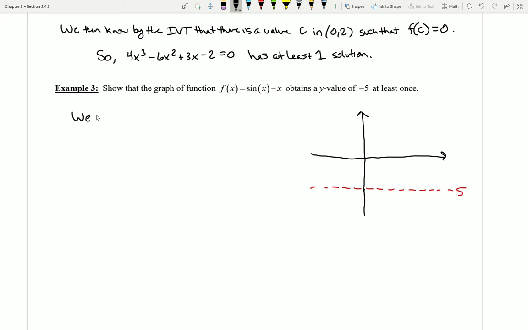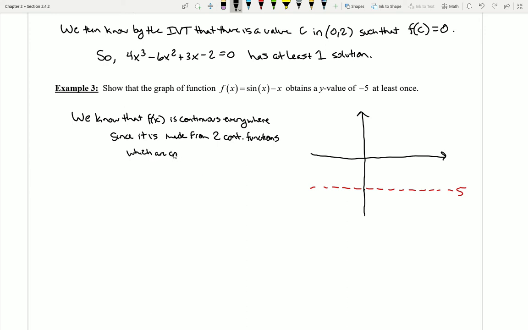So I'll say here that we know that f of x is continuous everywhere since it is made from two continuous functions which are continuous everywhere. Okay, so I have continuity.